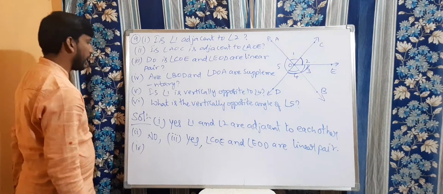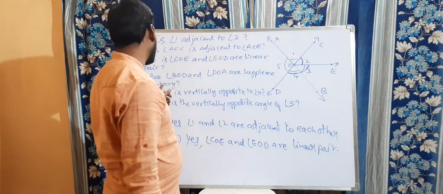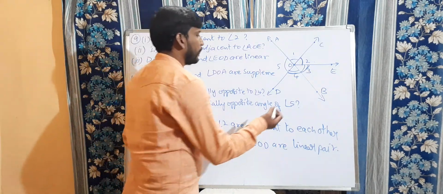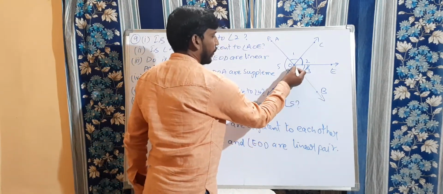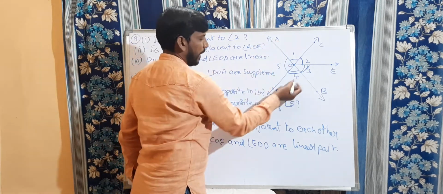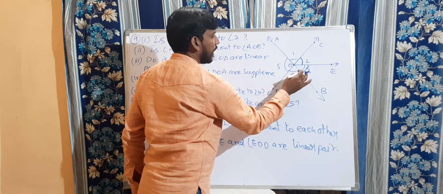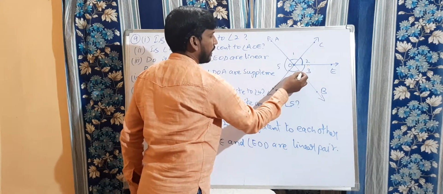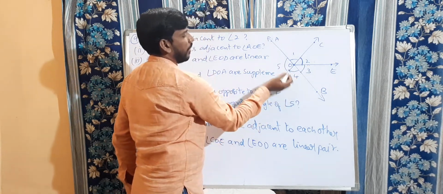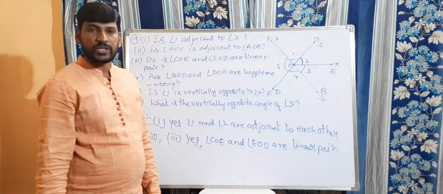Coming to the fourth one. What is the fourth one here? Are angle BOD and angle DOA supplementary angles or not? That is angle 4 and angle 5, are they supplementary or not, they are asking. Yes, these two are supplementary because AB is a straight line.